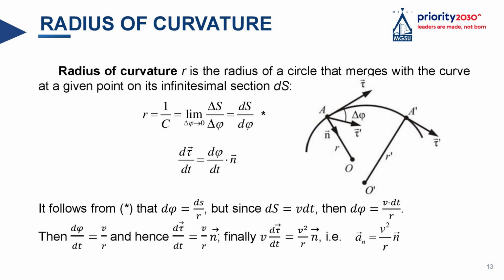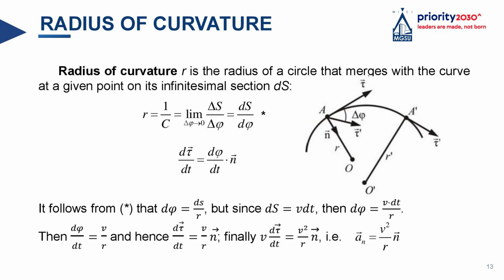It follows from that d phi is equal to ds over R, but since ds is equal to v dt, then d phi is equal to v dt over R. Then d phi over dt is equal to v over R, and hence d tau over dt is equal to v over R n.